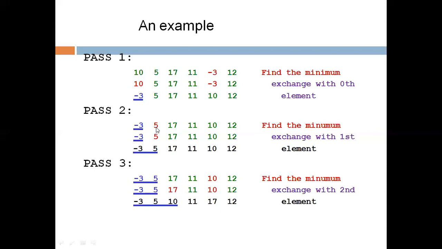So 5 is at its appropriate place. Again, the next position, this 17, and we will find from 17 to this 12 the next minimum value. It will be 10. So 17 and 10 will be swapped. So at this third position, 10 will be in its appropriate place.